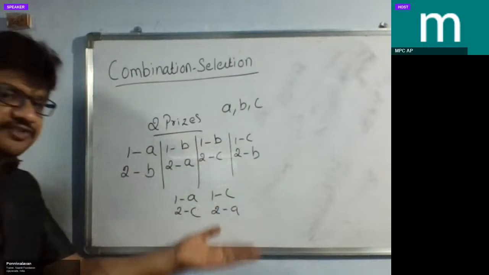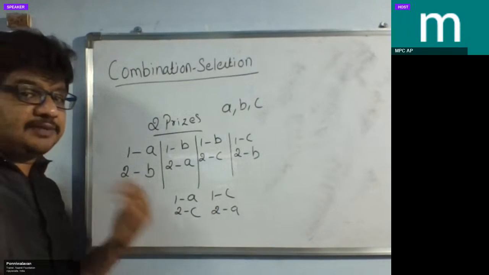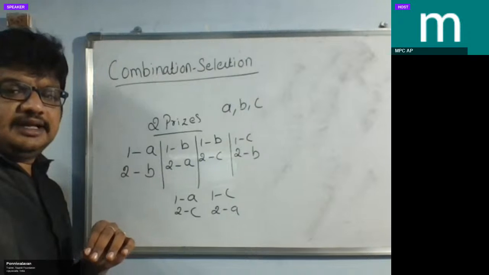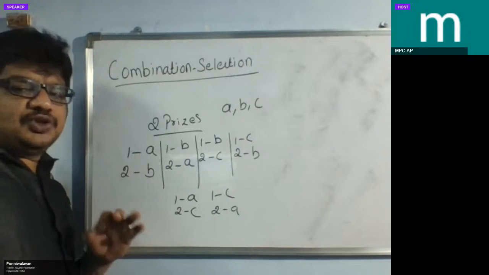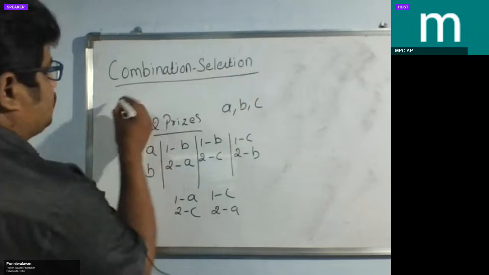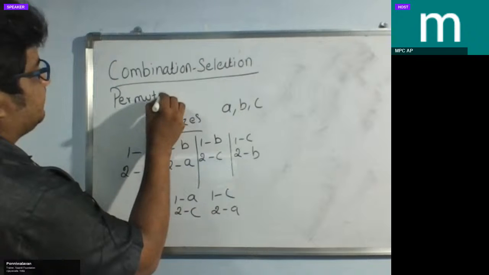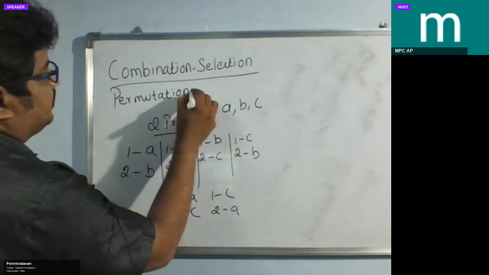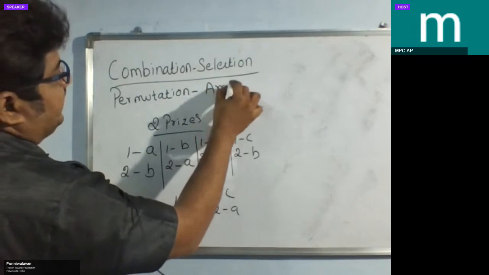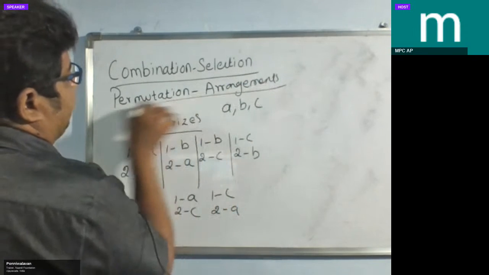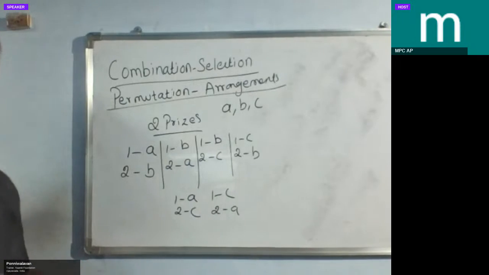Here, is only the selection of students a matter, or is arranging the position also a matter? Yes, arranging the position is also a matter. So permutation is based on arrangements. Whenever you are doing arrangements, that comes under permutation.